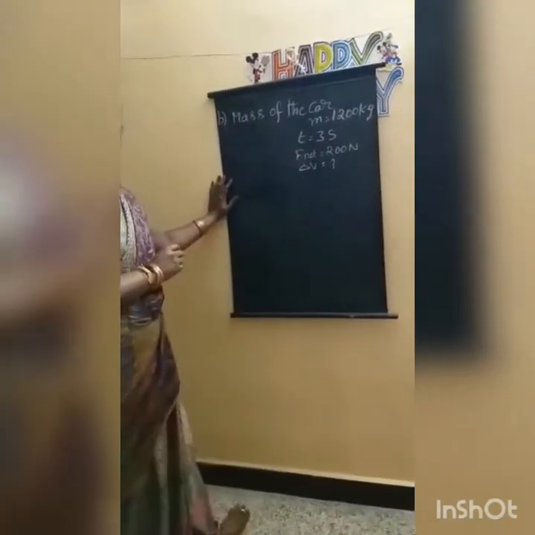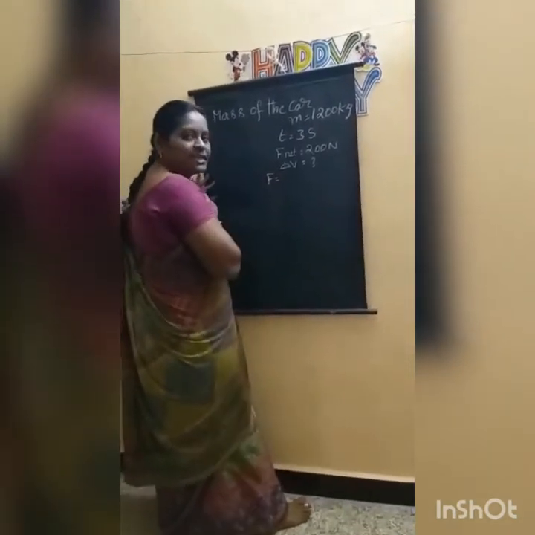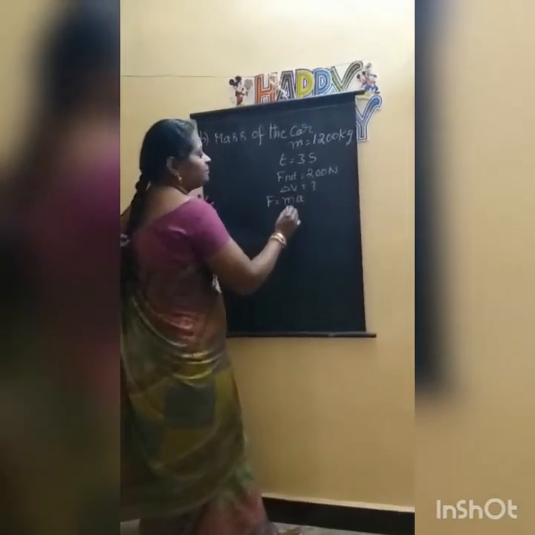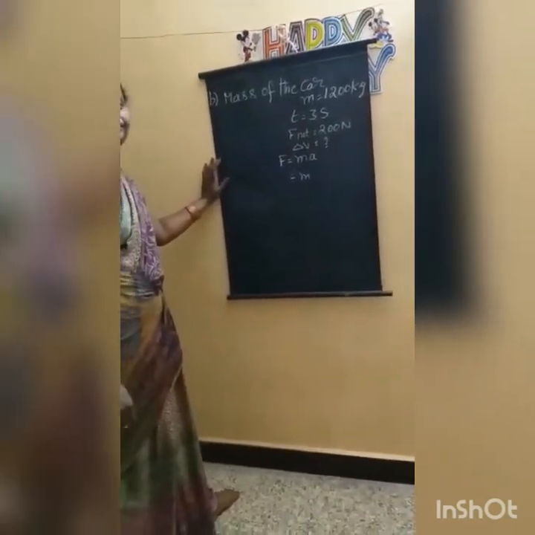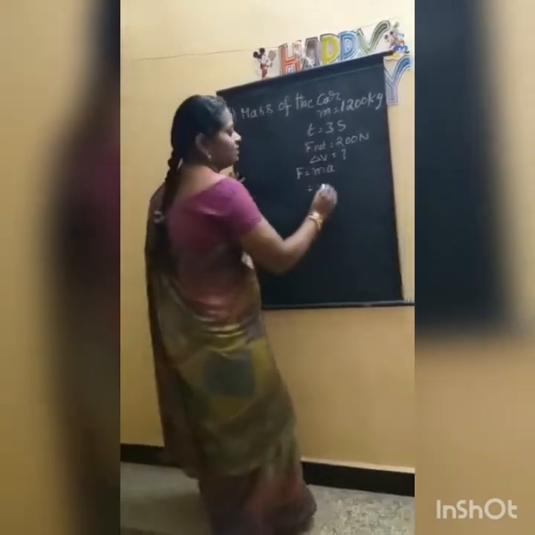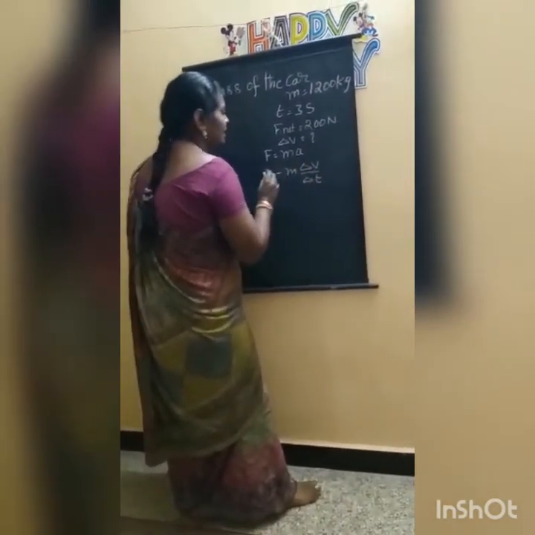We know, according to Newton's second law of motion, what is Newton's second law of motion? F equal to ma. What is a? Acceleration. What is acceleration? The rate of change of velocity is called acceleration. That is F equal to m into delta v by delta t.